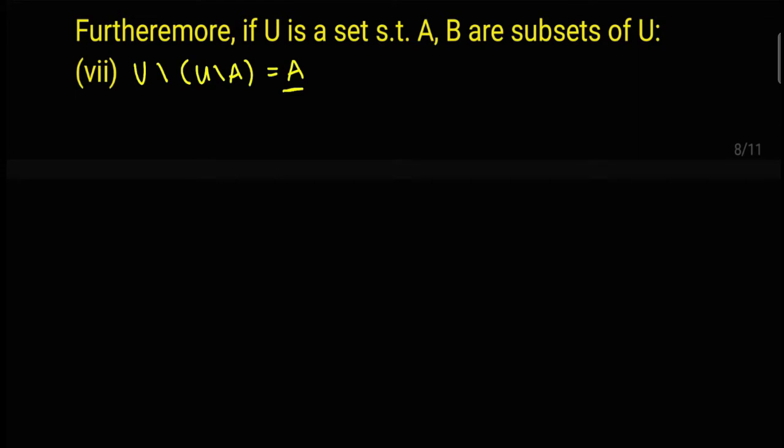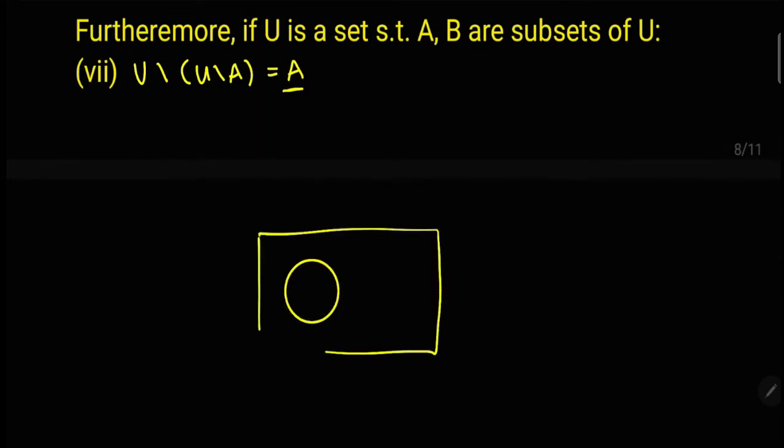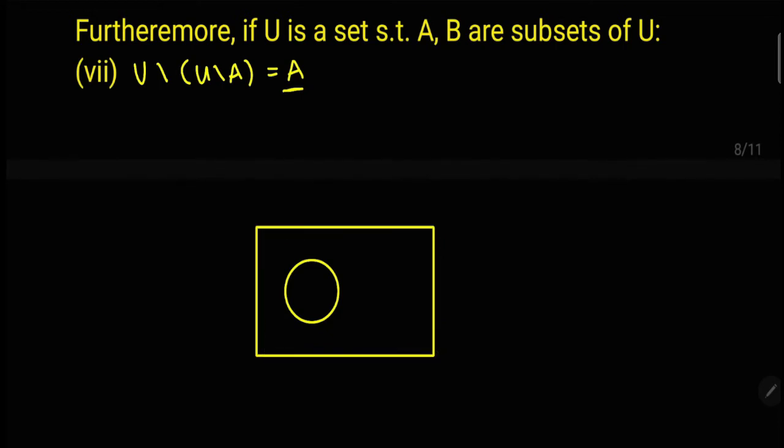To illustrate that in a Venn diagram, you have set A inside a bigger set U. So what does this expression mean? You're taking the complement of A, right?